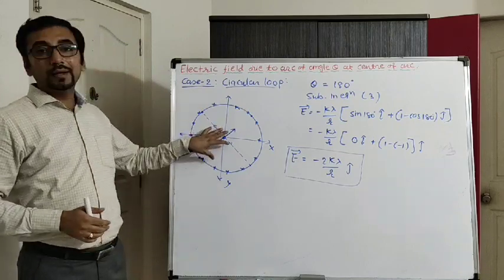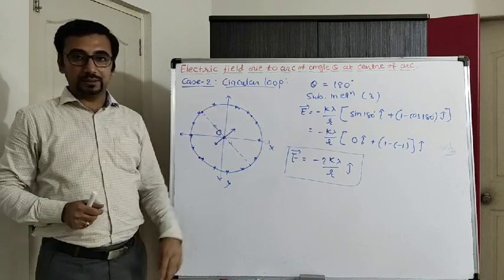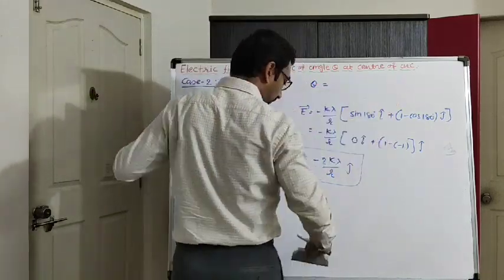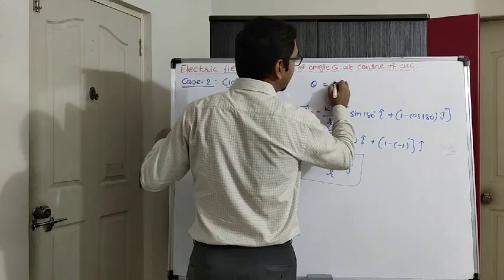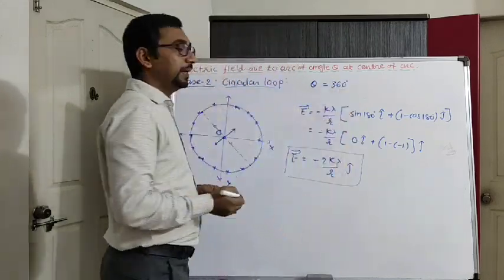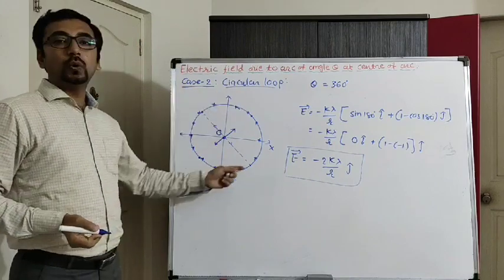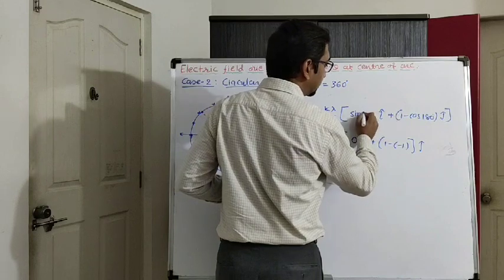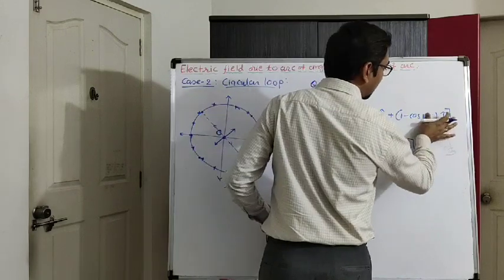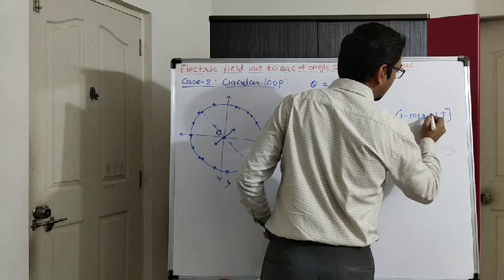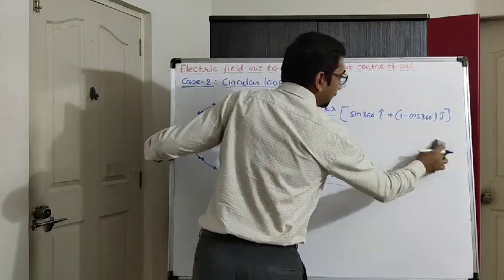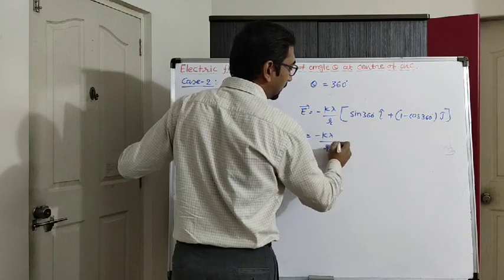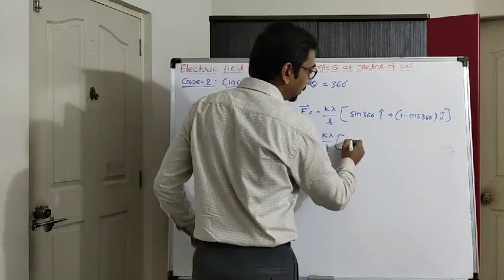Now suppose we want to find this value by our method, then we already have the equation. Here we have to take the angle as 360 degrees instead of 180 degrees because we have considered the whole loop. So in this formula, if we place 360 degrees over here and solve, this is minus k lambda upon r sin 360, sin 2 pi.